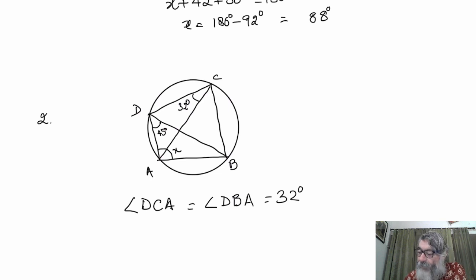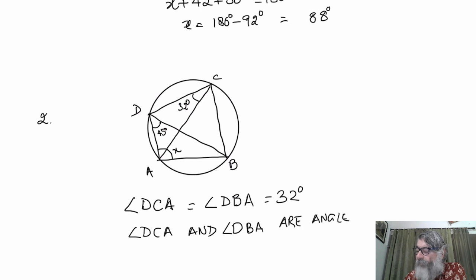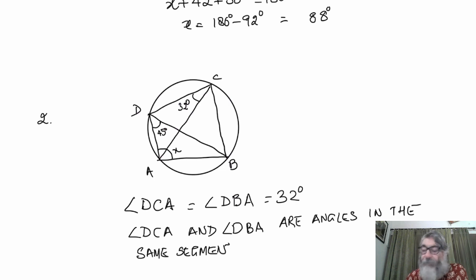Because angle DCA and angle DBA are angles in the same segment. Again, I'll explain to you the meaning of segment.